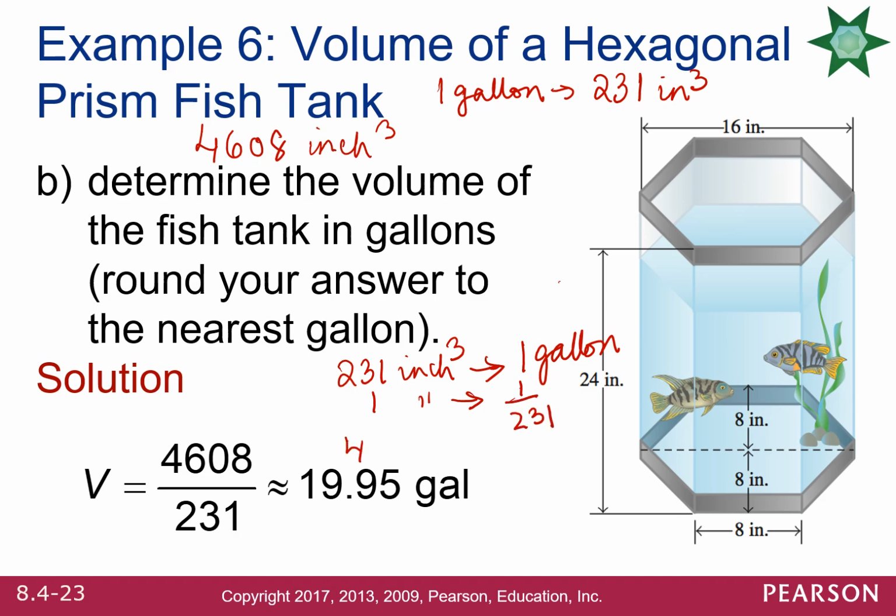Therefore, 4,608 cubic inches would be 1 divided by 231 times 4,608. This is the unitary method you may have learnt in school, but by the unitary method, we divide 4,608 by 231 to get our final answer. This is the process of conversion that we use.